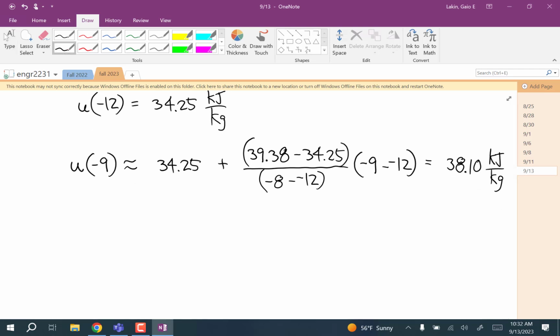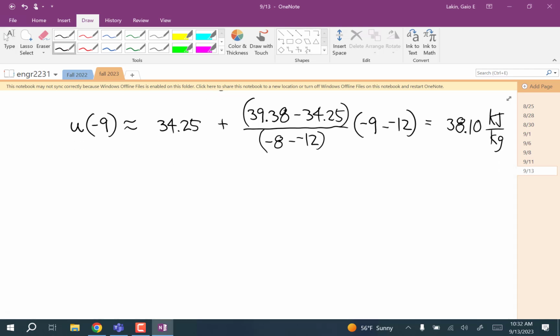So now let's do one more thing for this, the saturated cases, and that is called quality of a saturated mix.